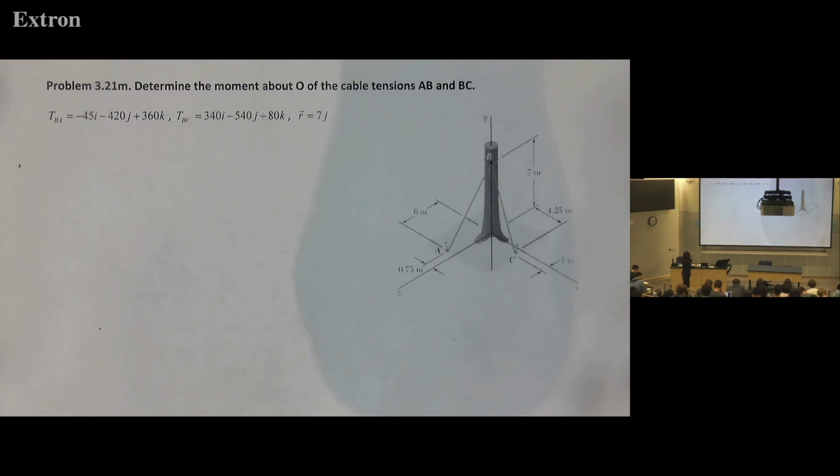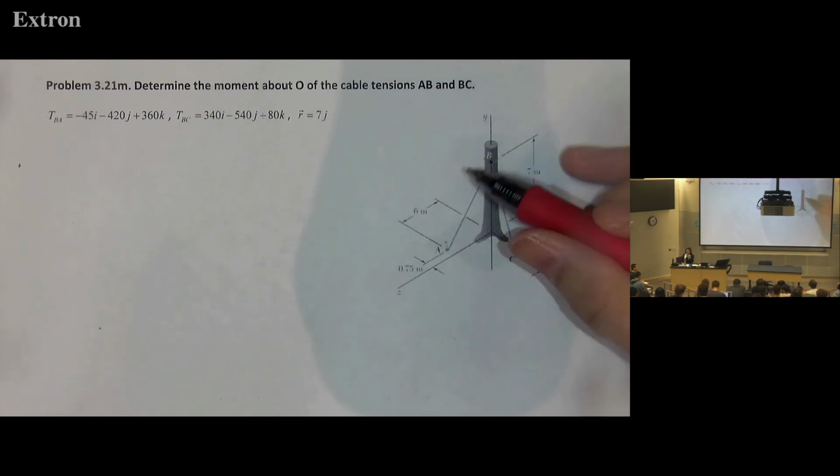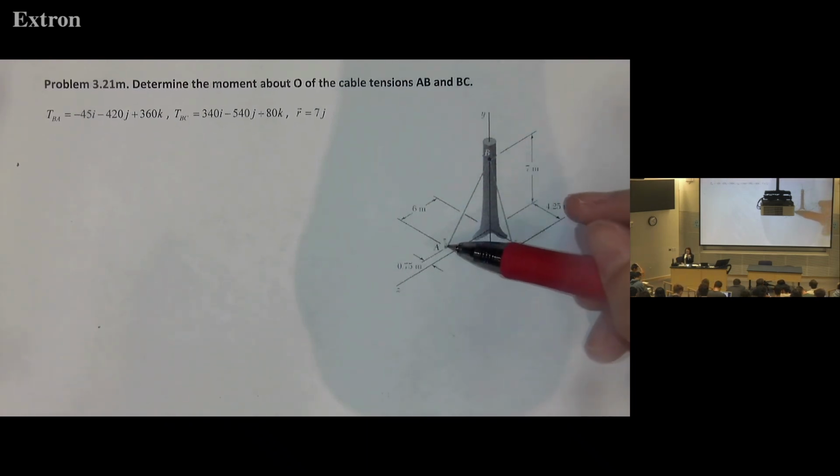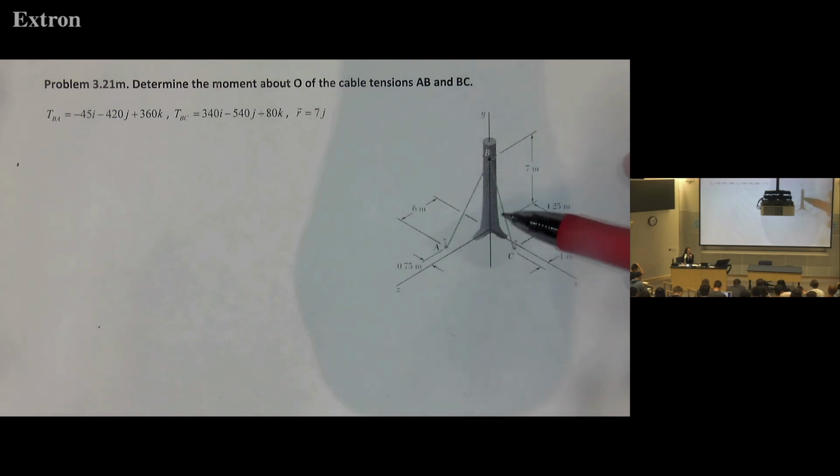And then what is the moment about O? O is the origin here, so O should be here. O about of the cable tension AB and BC. So it has two cable tension here. And then there are A, B, and C. Then for the free body diagram, we must use B, right?